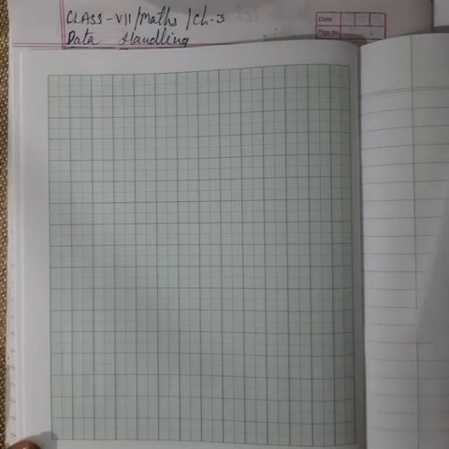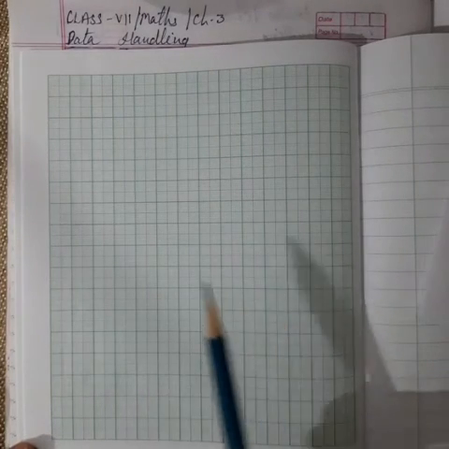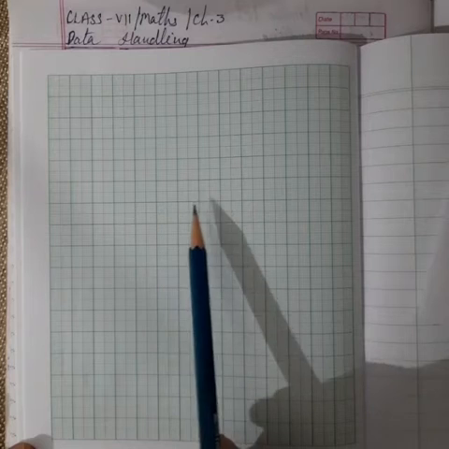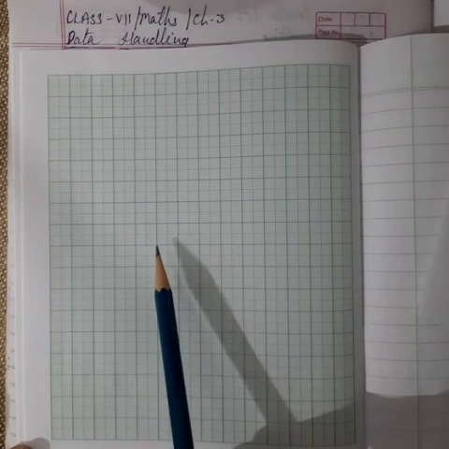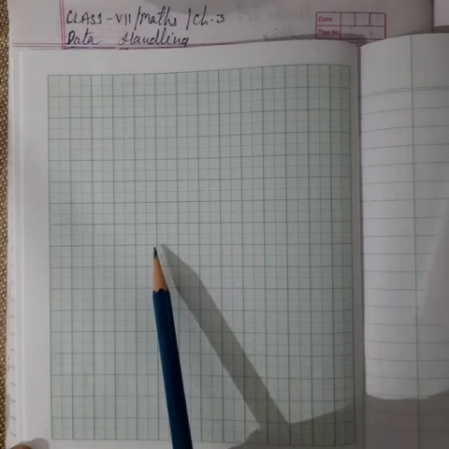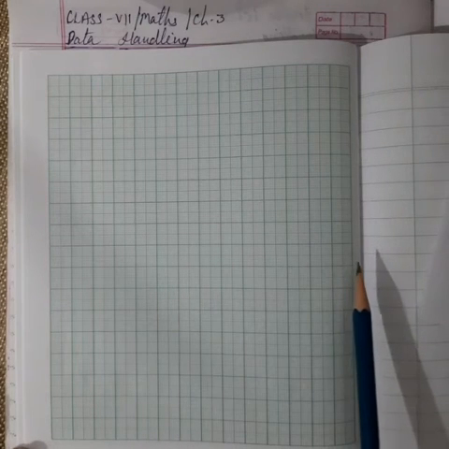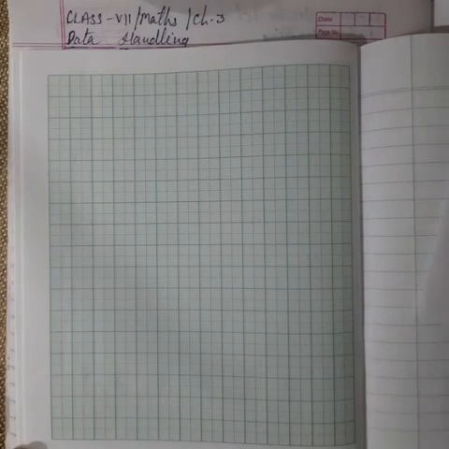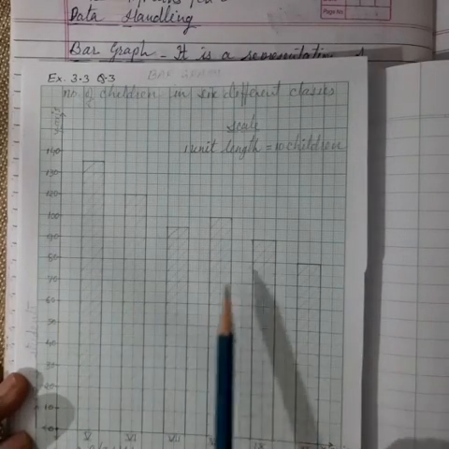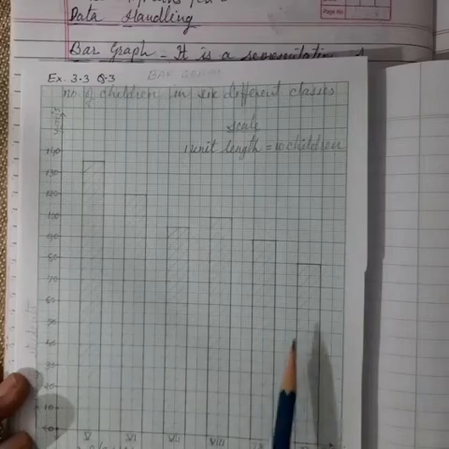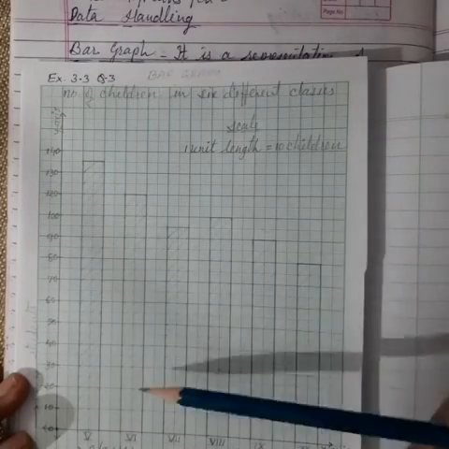See this page, the surface of this page is divided into identical squares, and again these squares are divided into small squares. This page is called graph paper. See this graph paper. Some information is represented on this graph paper using rectangles.